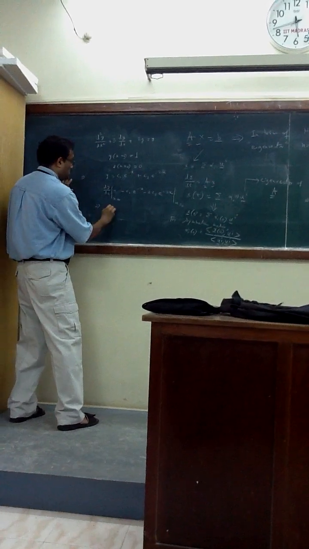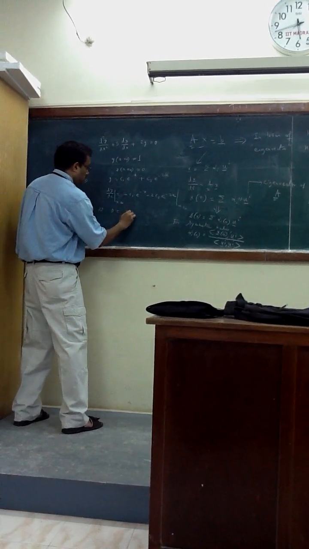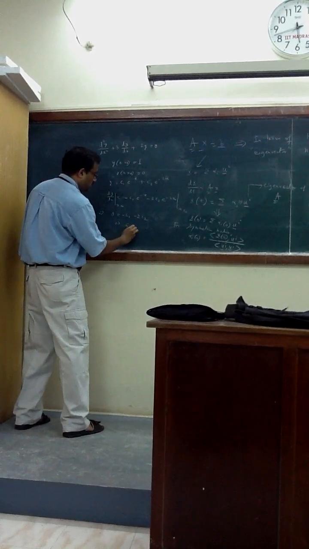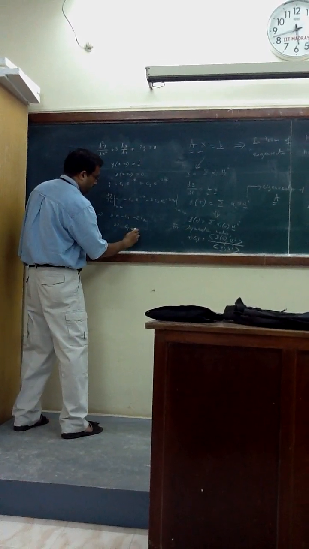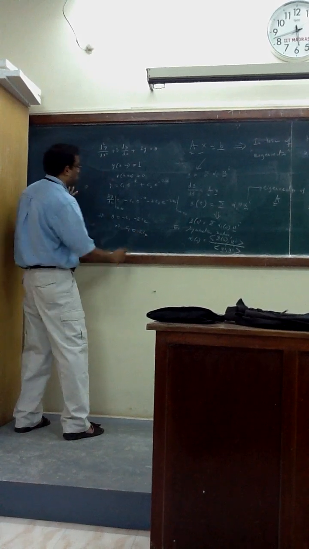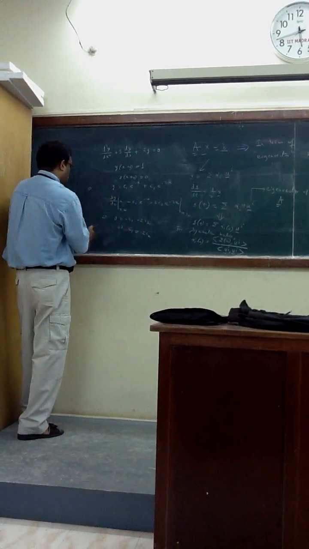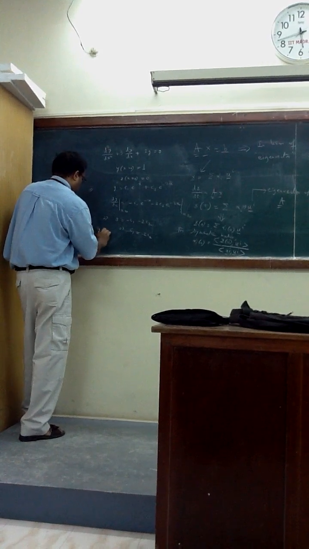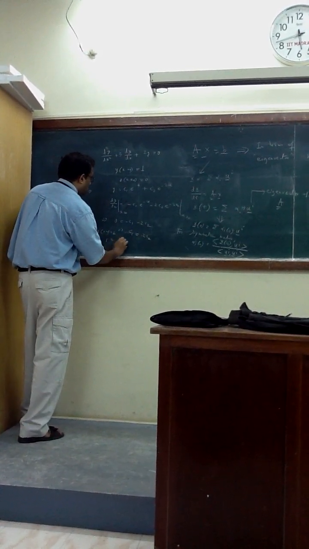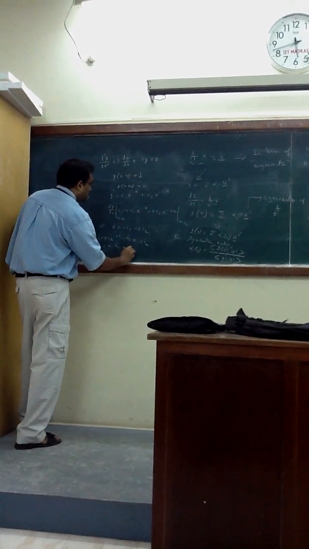equal to 0, which is minus c1 minus 2c2. So we have c1 equals minus 2c2. Now if you look at the initial condition, y at x equals 0 equals 1, that means 1 equals c1 plus c2.